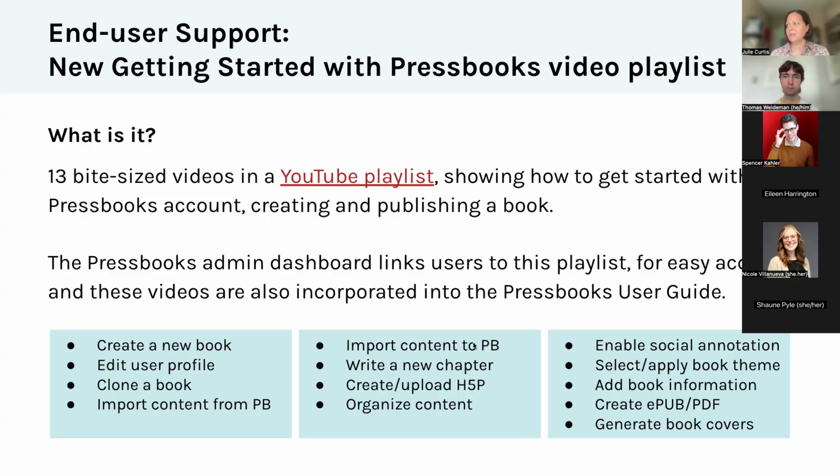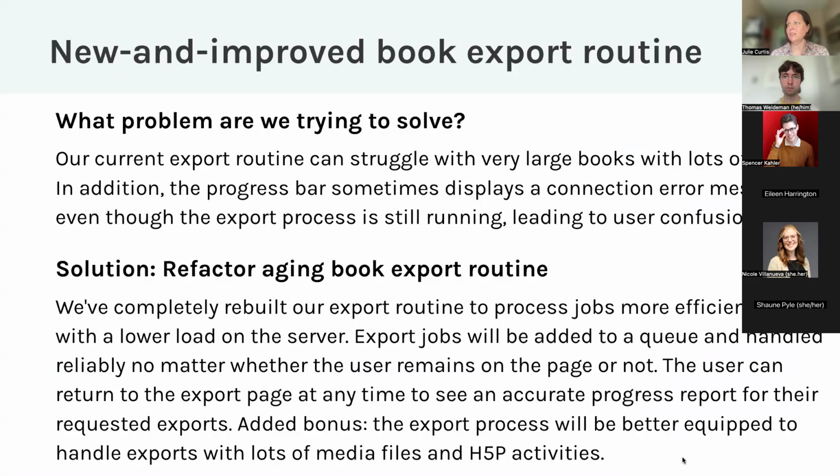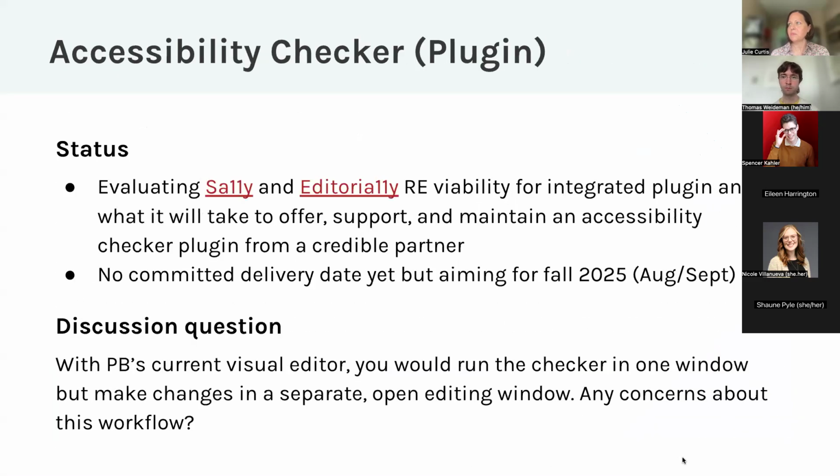Okay, moving along. So we've already talked about the export routine. So, accessibility checker. We've been evaluating Sally and Editorially as to plugins that we would like to integrate. We want to choose one to integrate and support in Pressbooks.